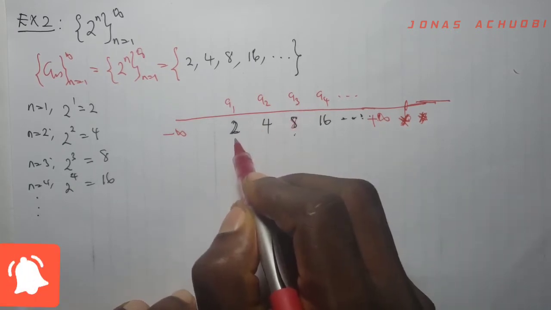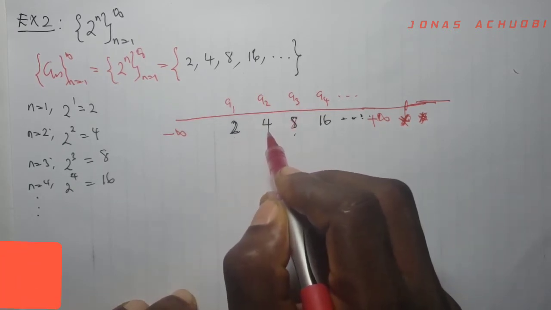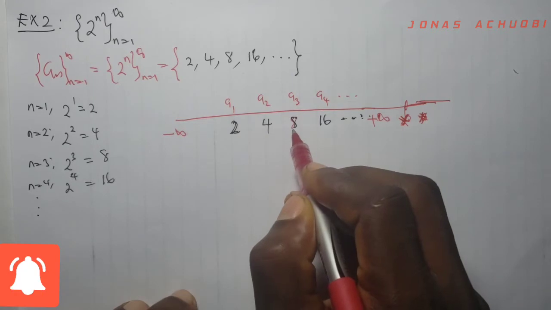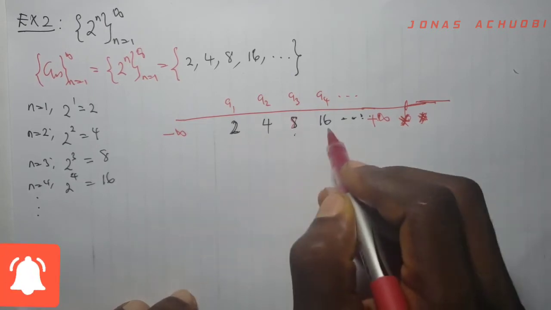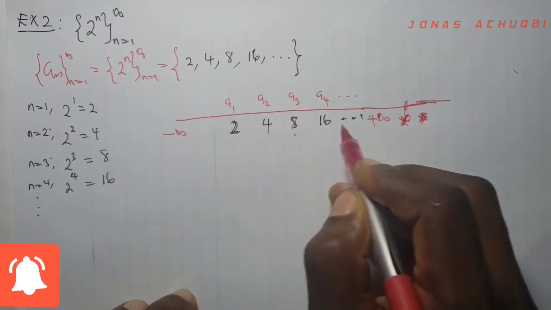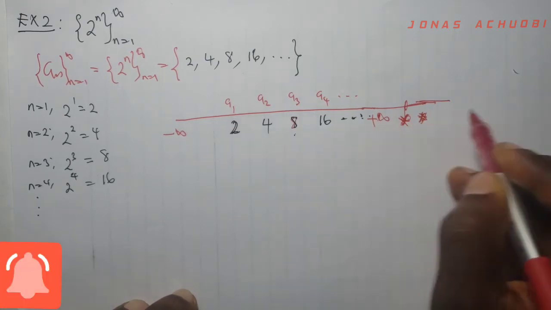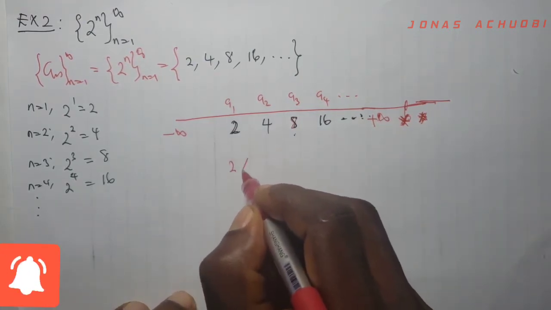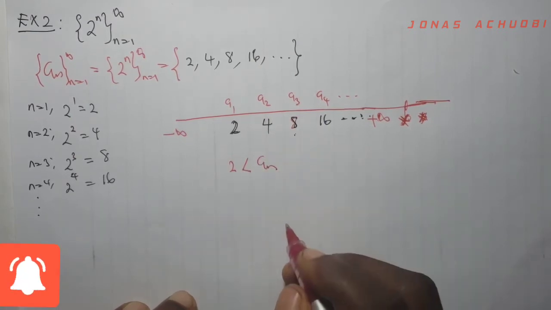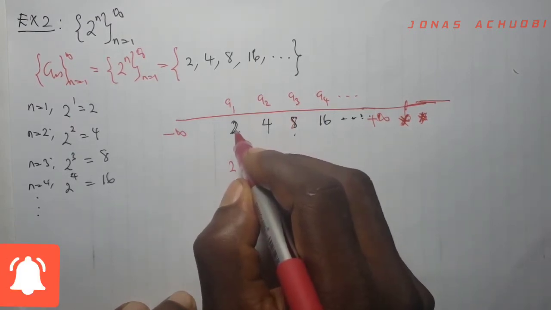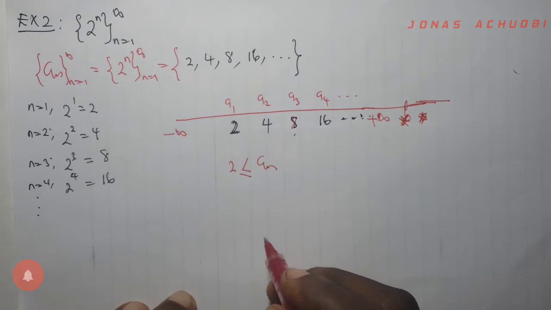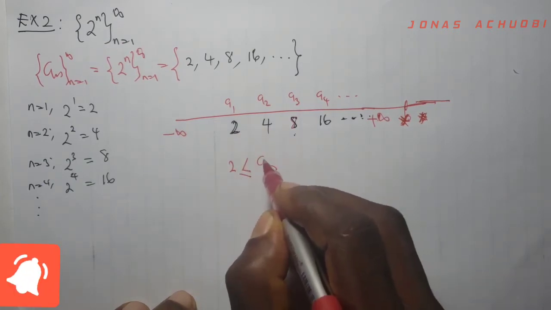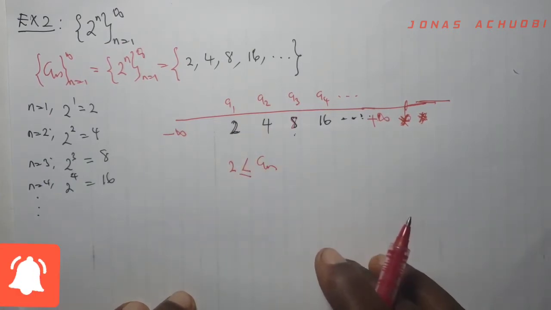I now go to 2. 2 is less than 4. Very good. 2 is less than 8. Good. 2 is less than 16. And 2 will be less than every other term of this sequence, since they all lie to the right-hand side of 16. So 2 is less than every term of the sequence, except itself, because 2 is equal to 2. So 2 is less than or equal to all the terms of this sequence.